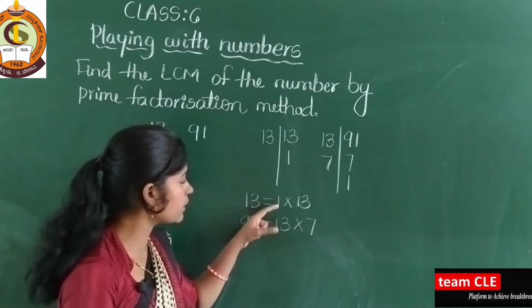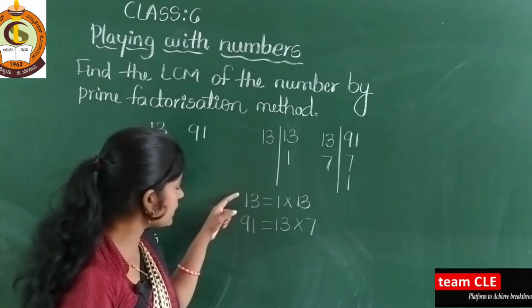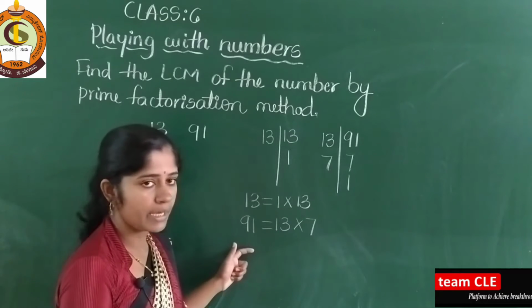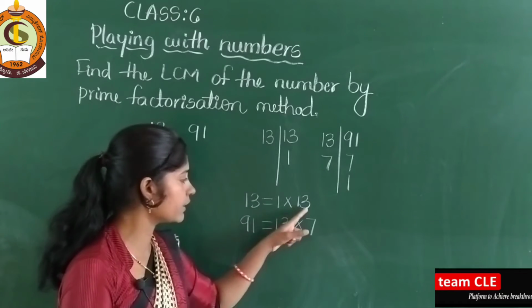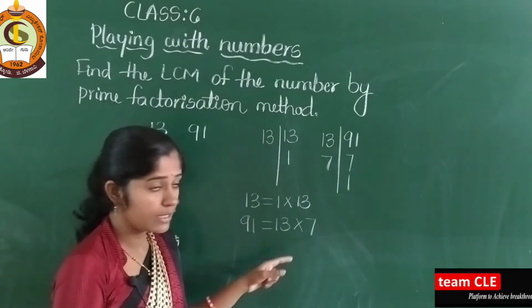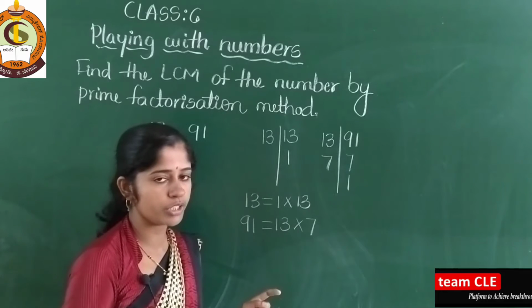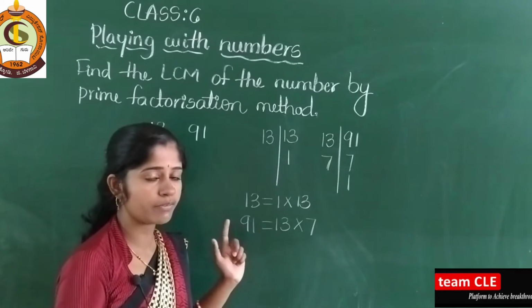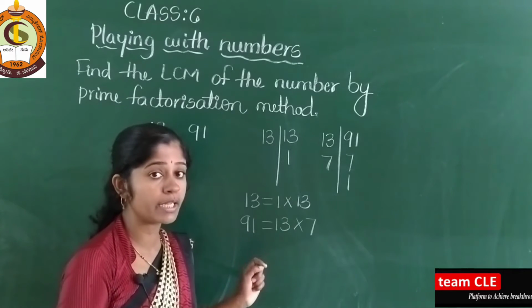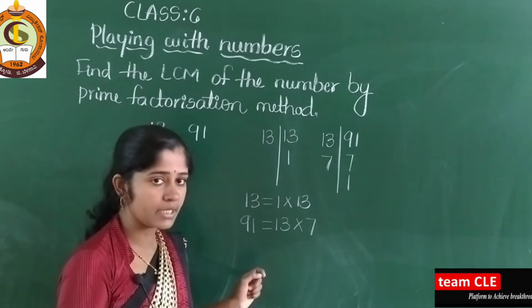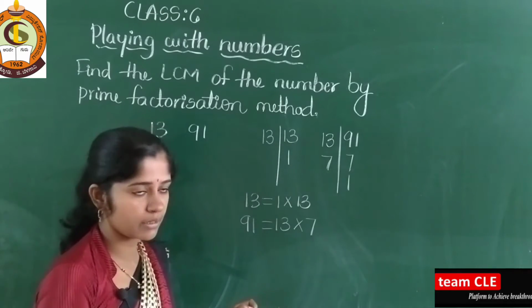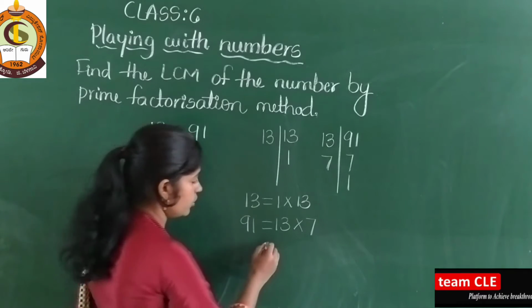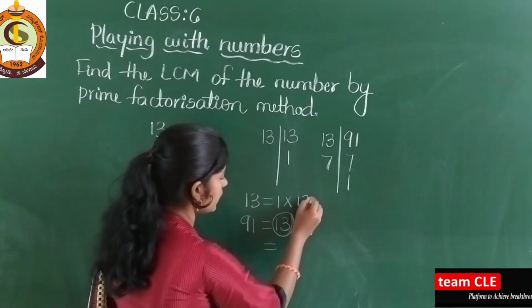Common means the number should be on both sides, the factor of 13 and also the factor of 91. So 13 and here 7 also you need to take. When you are finding the HCF, you took only the common factors, but here you need to take common factors and uncommon factors also.